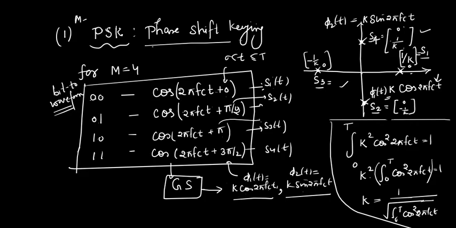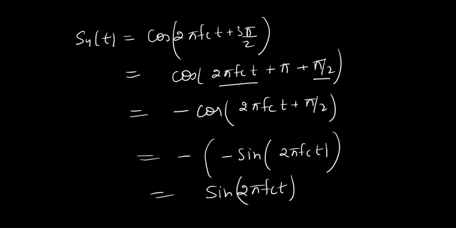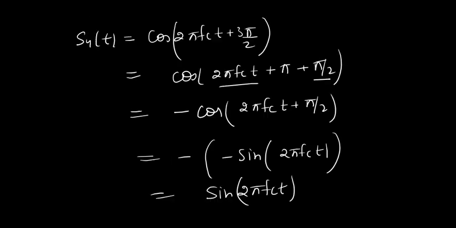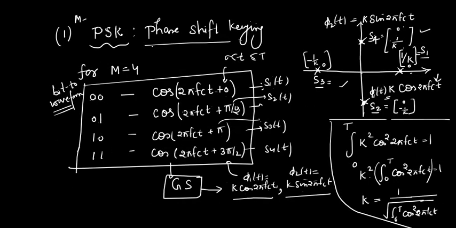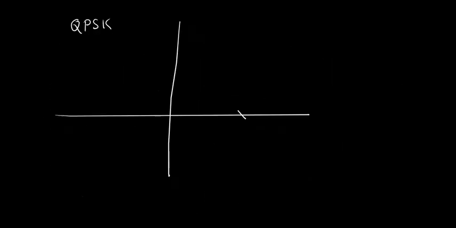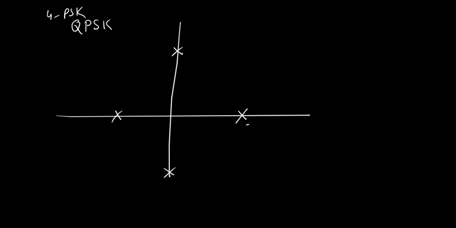Right. So BPSK, now you can draw constellation points of QPSK very easily, with the given mapping. For 4-PSK, these 4 are your constellation points: S1, S2, S3, S4.